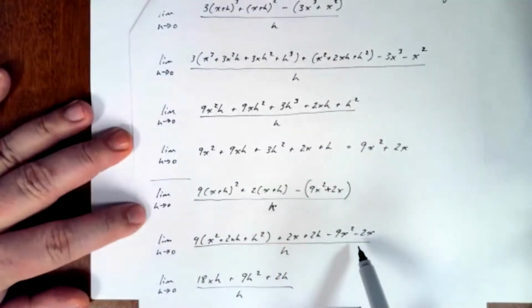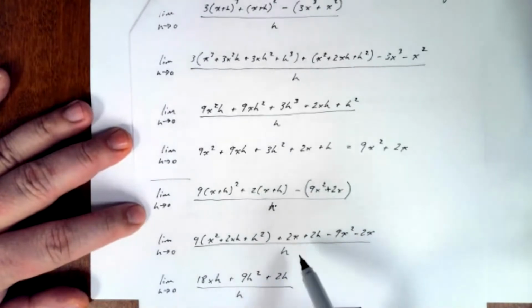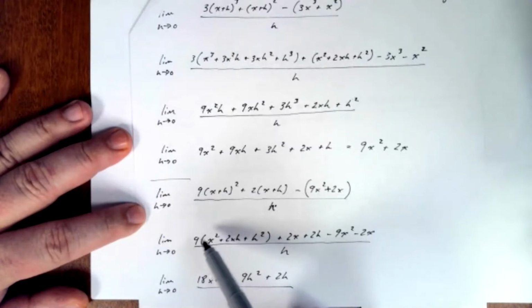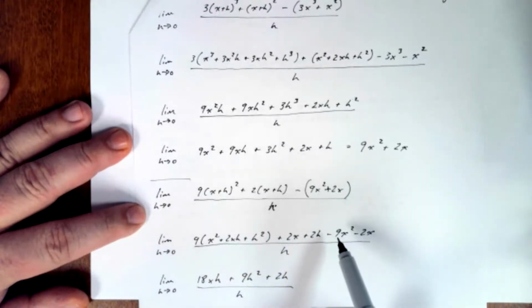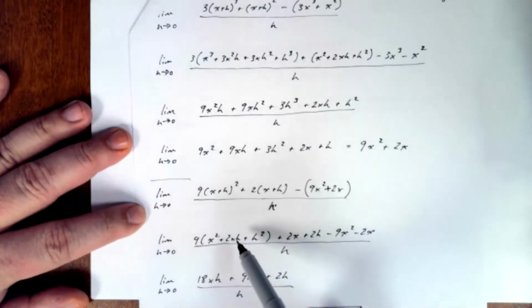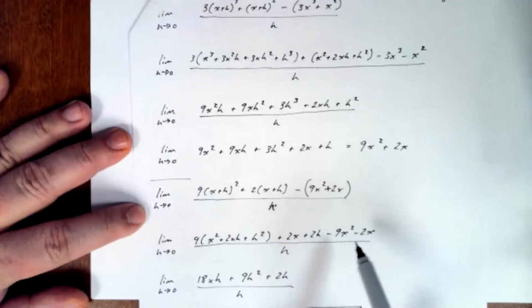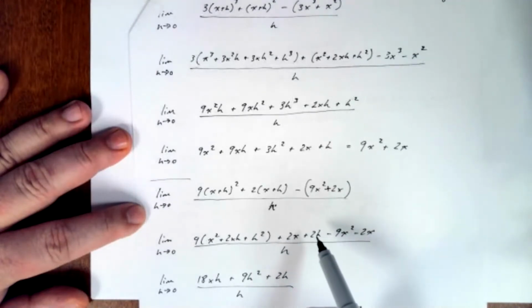Distributing the negative, distributing the 2, expanding. Now the 9x squared cancels with that 9x squared. 9 times 2xh becomes 18xh. 9h squared. 2x goes away with the negative 2x, leaving me just a 2h right here.